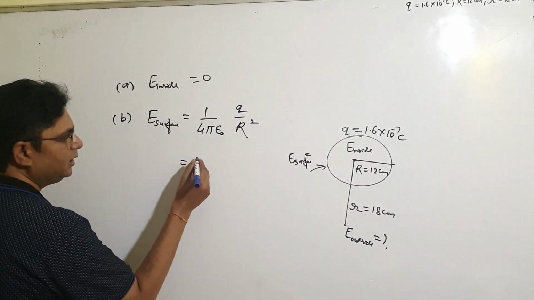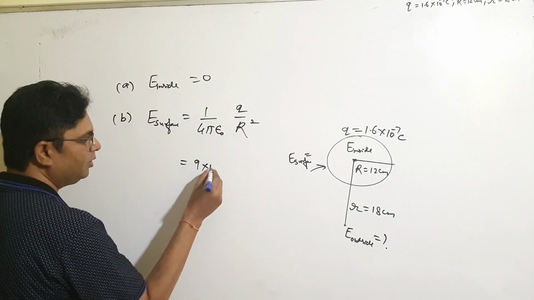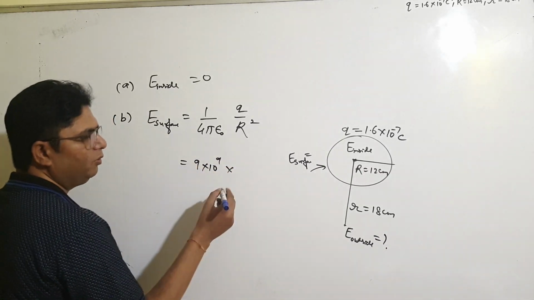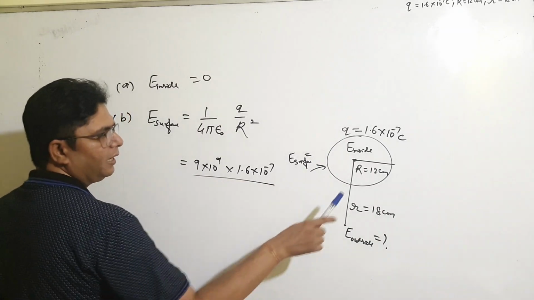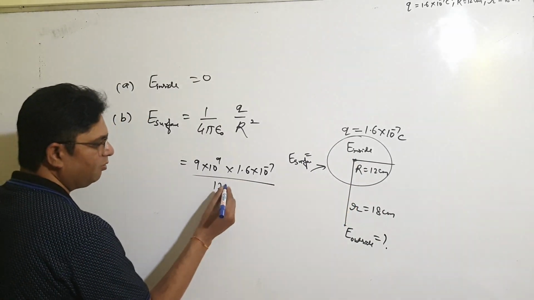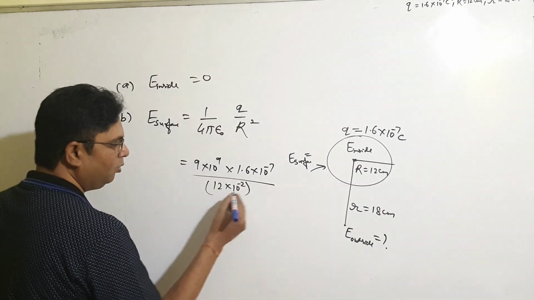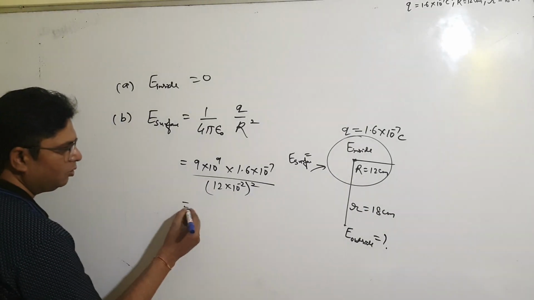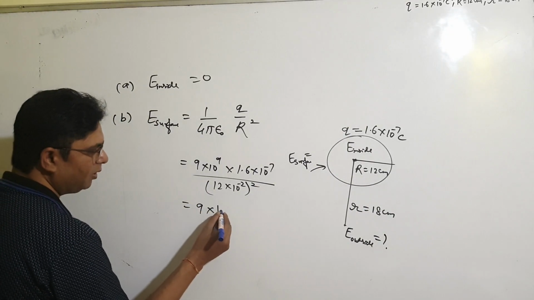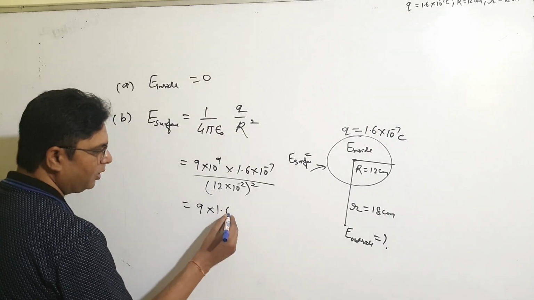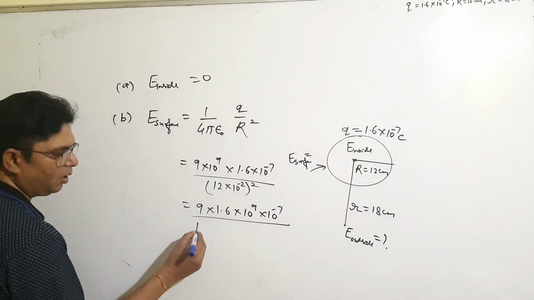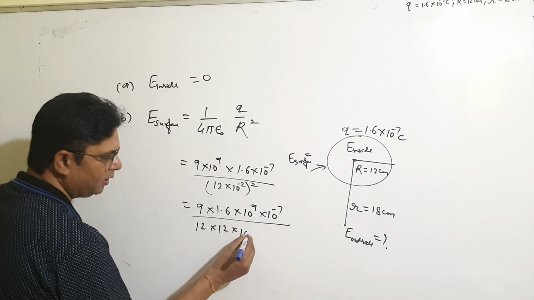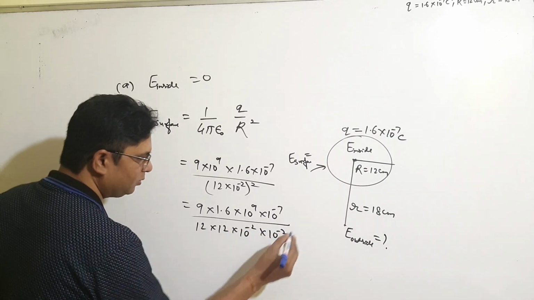Put the value, the value is 9 × 10 to the power 9 and Q is given 1.6 × 10 to the power minus 7 and R is 12 centimeter. So you have 12 × 10 to the power minus 2 whole square. So you have 9 × 10 to the power 9 × 1.6 × 10 to the power minus 7 upon 12 × 10 to the power minus 2 × 10 to the power minus 2.